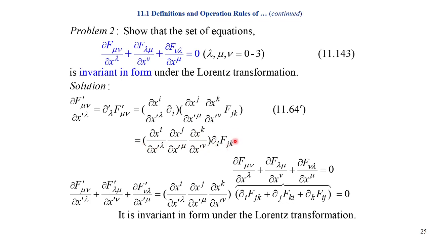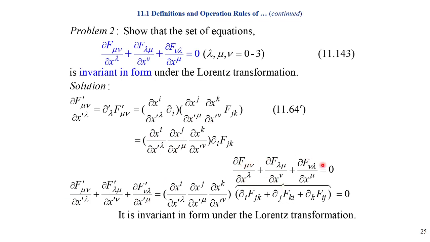Use the same property. So what's next? Next, we will sum over these three, permute, prime, prime, prime, prime. And we will have the same notation here.